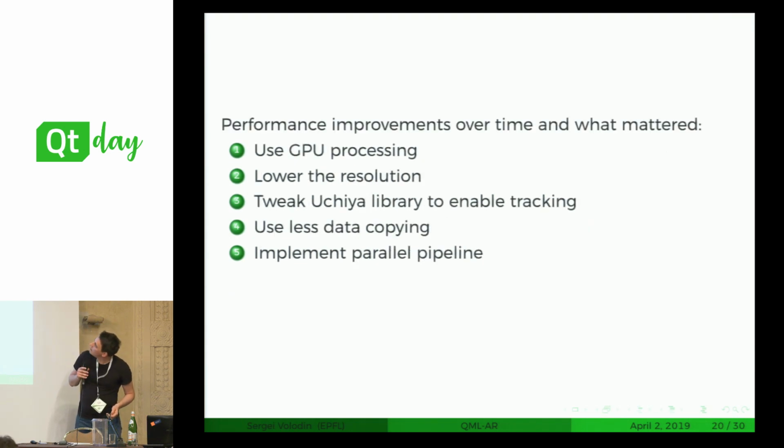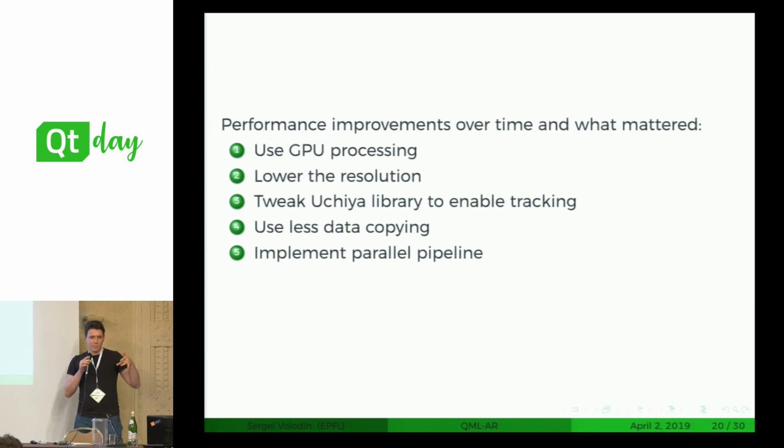So to sum up, what mattered in terms of performance, and maybe it would be a good advice to somebody who is trying to build from scratch a computer vision app using the same tools, is to use GPUs and to downscale the image.